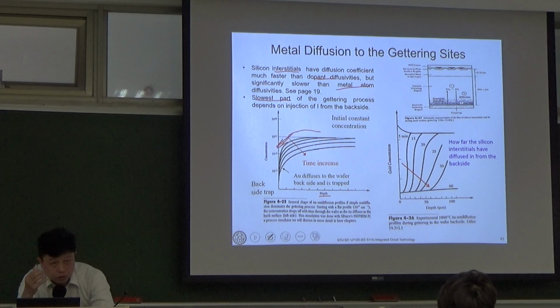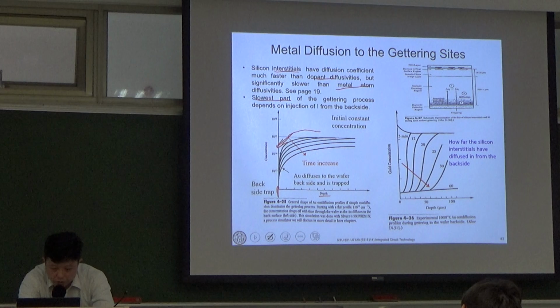So your concentration is smallest here. As time increases, you can see this gathering process begin to help you reduce your gold concentration inside your material.